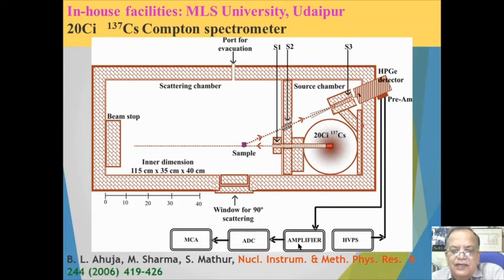Based on the amplitude of that pulse, the analog to digital converter gives you the channel number versus intensity. To validate this geometry, we published in Nuclear Instruments and Methods in Physics Research in 2006.